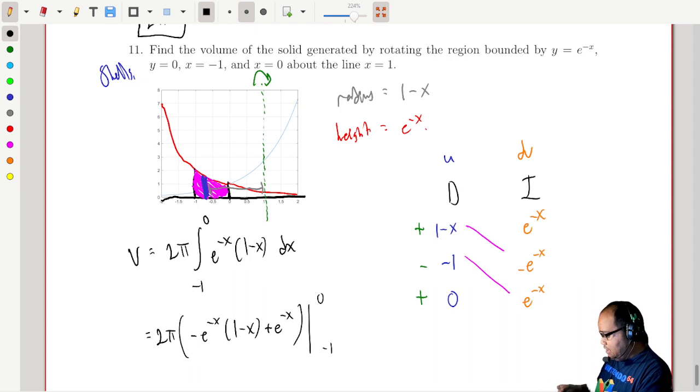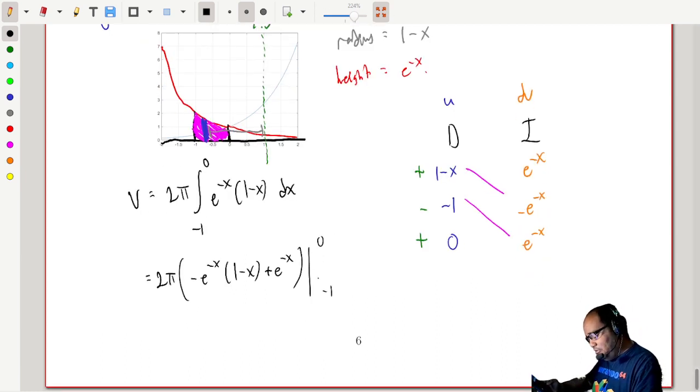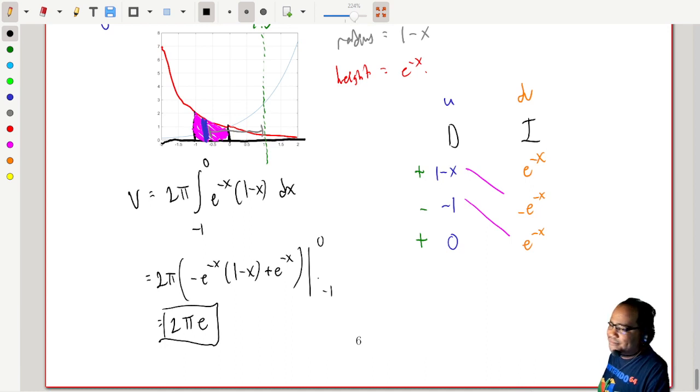Set this up and do it right. I think you'll get it. Not too bad. Turns out that all this in parentheses is all e. So our volume that we are sought after is 2 pi e. And we're done.